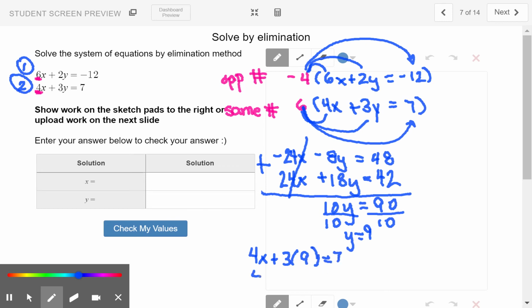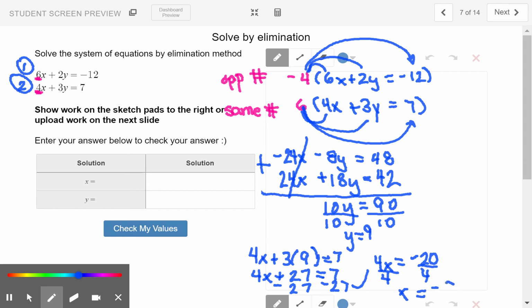So then we have 4x plus 27 equals 7, minus 27 on both sides. So then we have 4x equals negative 20, and divide by 4.